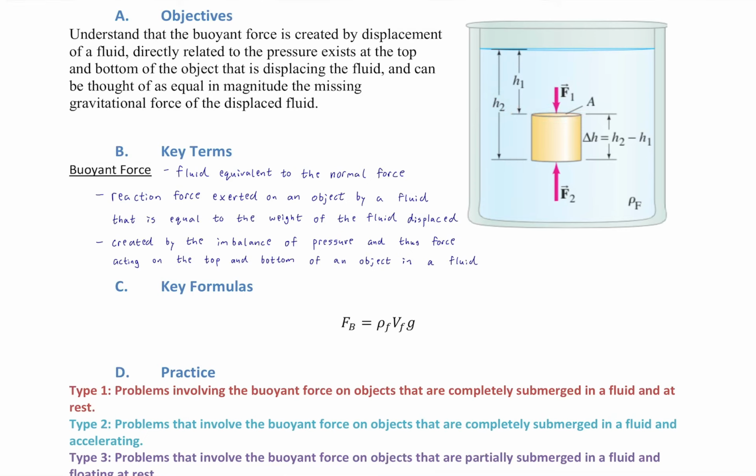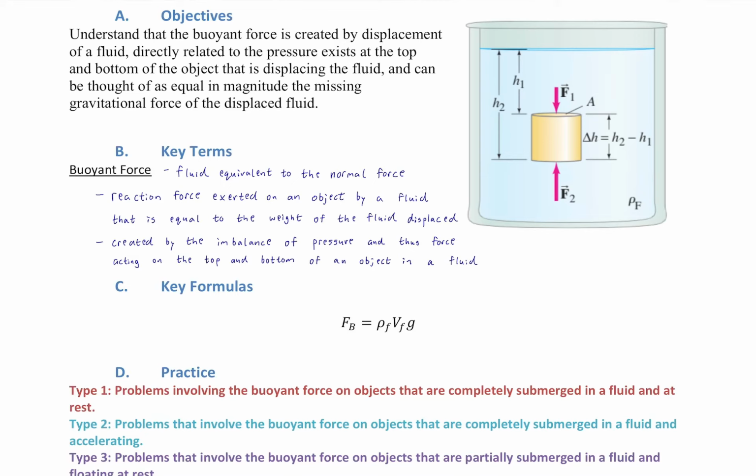Due to hydrostatic pressure, P equals rho g h, there's going to be greater pressure at the bottom than at the top. That means when the areas are equal, there's greater force. And even when the areas aren't equal, there's always a net upward force due to the fluid, just because of that depth-dependent pressure.